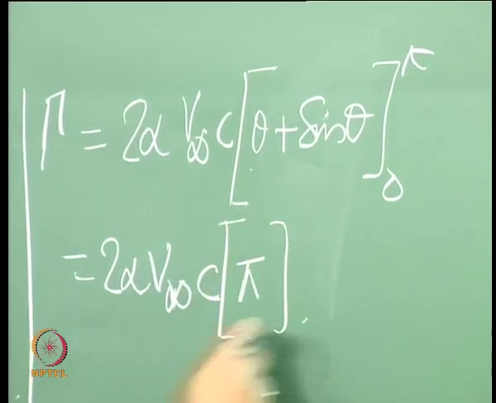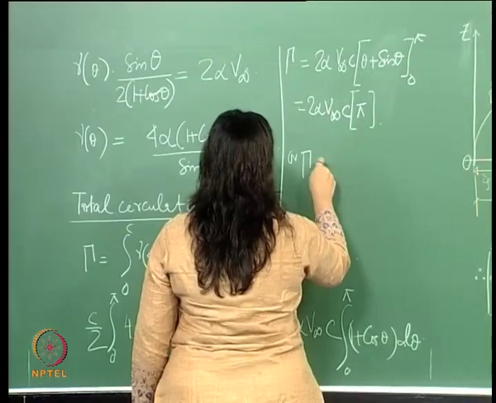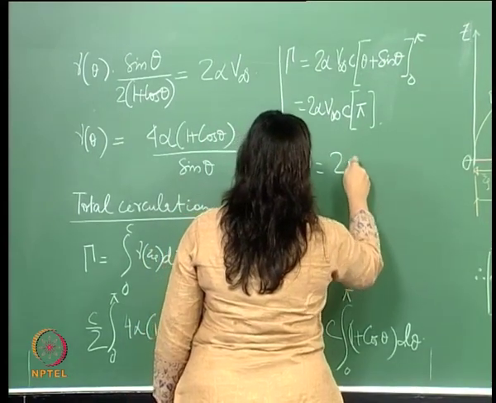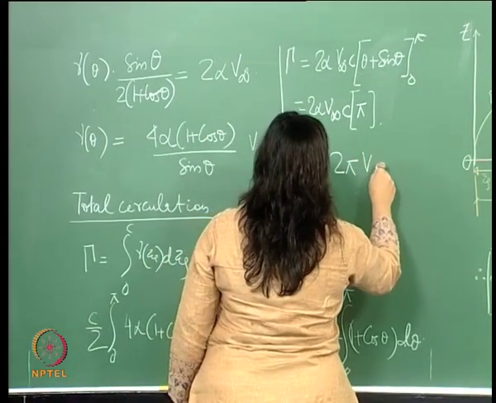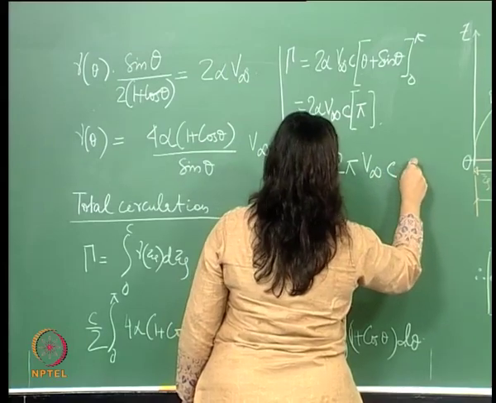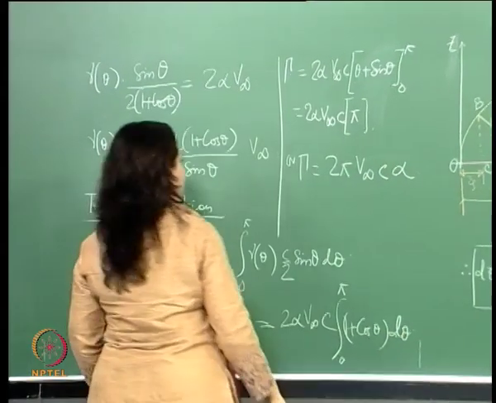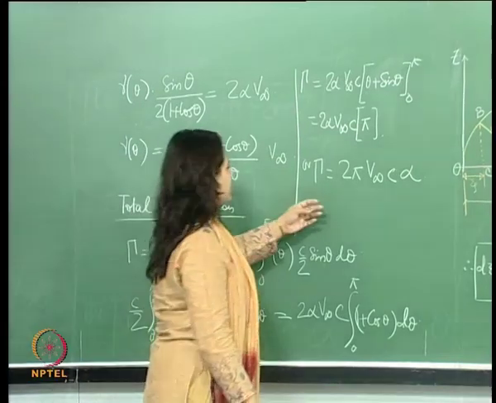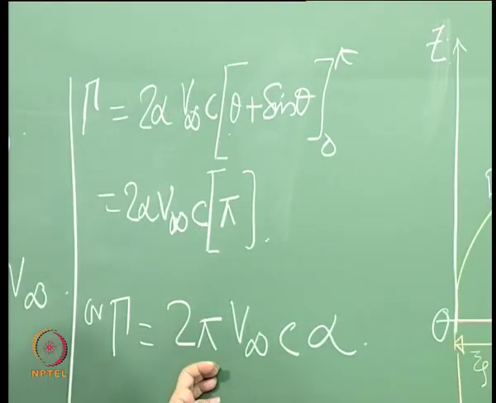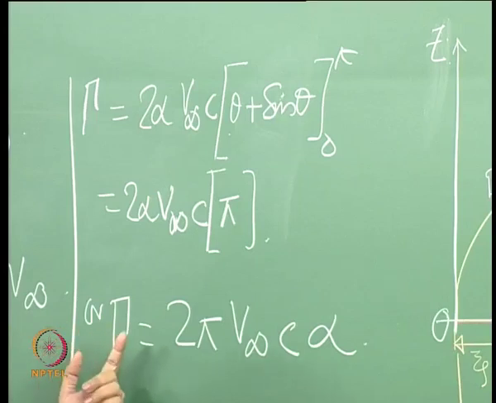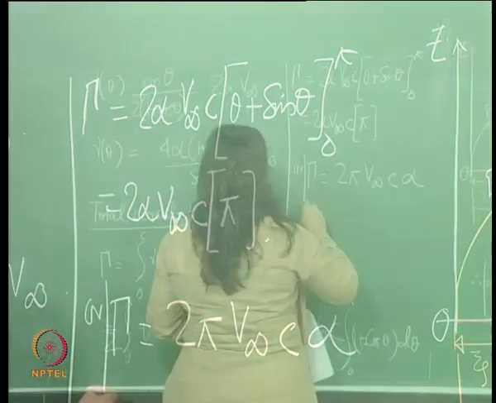So, the total circulation is 2 pi v infinity c alpha, which makes sense. You remember what we had got earlier, it was just 2 pi alpha for a flat plate. So, here the total circulation is 2 pi v infinity c into alpha.